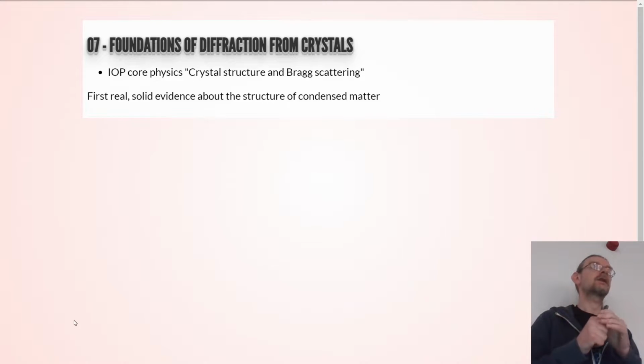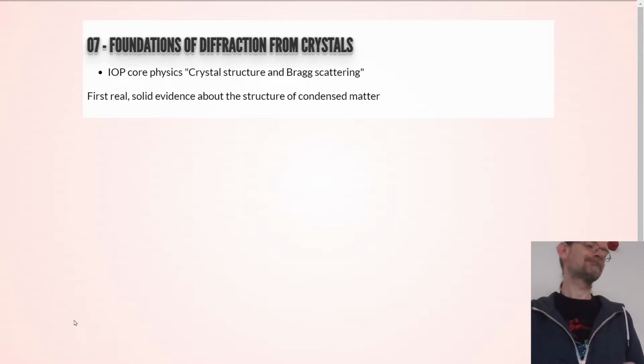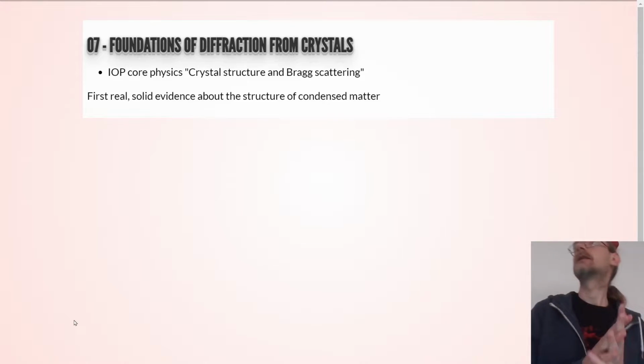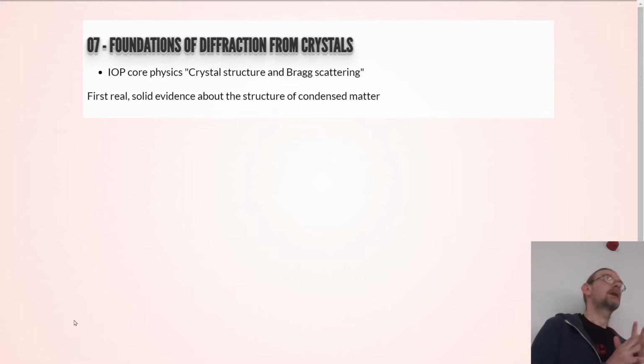So we should be able to shine light of an appropriate wavelength or frequency through it. It should act like an interferometer, like a diffraction grating in the experiment you've done, so you should get a bunch of maxima and minima, and by an appropriate analysis of the maximum and minimum positions, you should be able to determine the width of your diffraction grating. And basically the width of the diffraction grating is going to be our lattice constant. That's what's going to emerge from that.